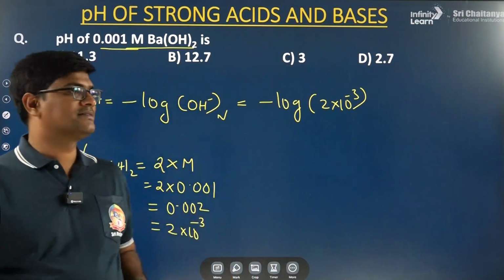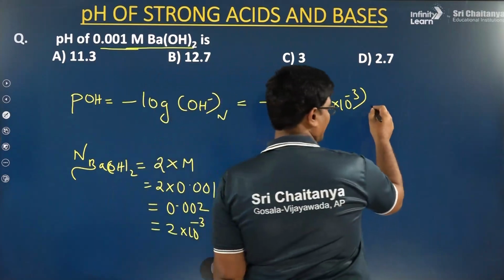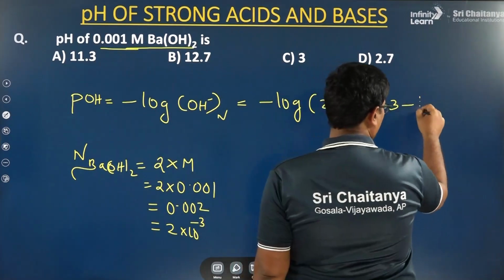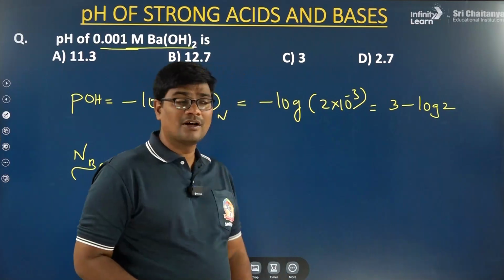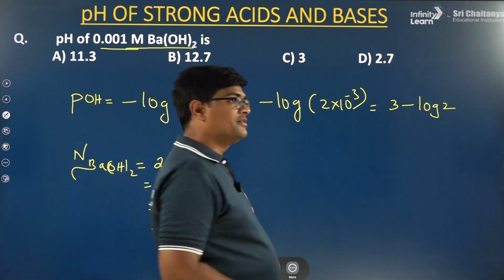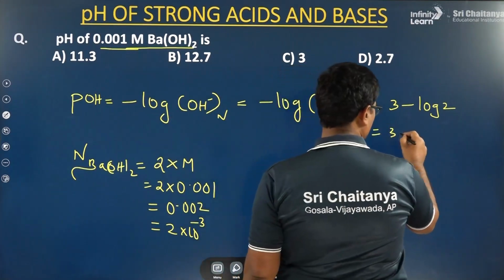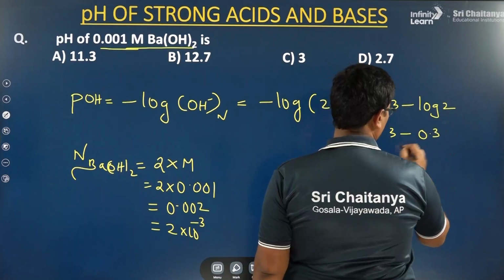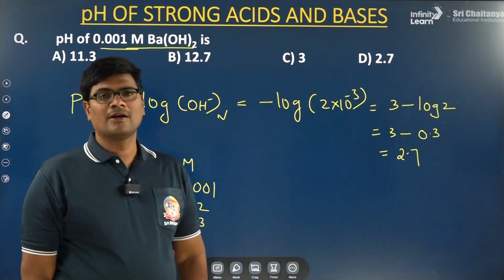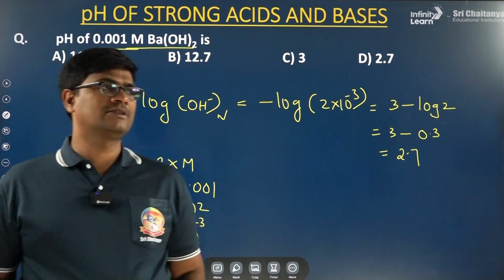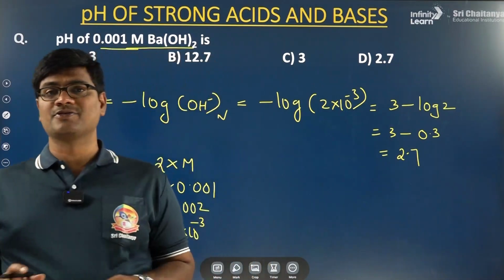If we rearrange it, this is 3 minus log 2. What is the log 2 value? Approximately 0.3, you can take it. So 3 minus 0.3 will approximately become 2.7. We got pOH. So 2.7 is not the answer. What they have asked is pH. So, be careful.